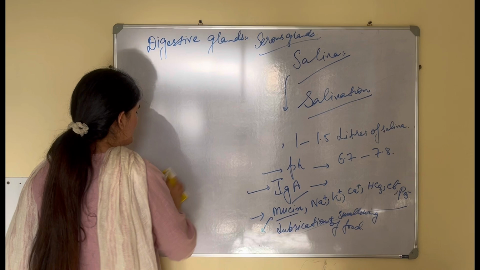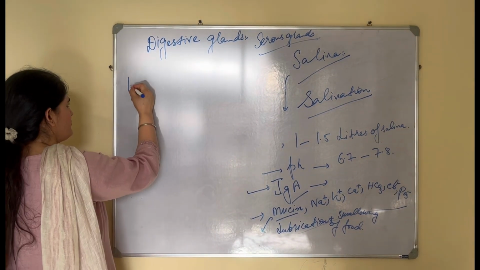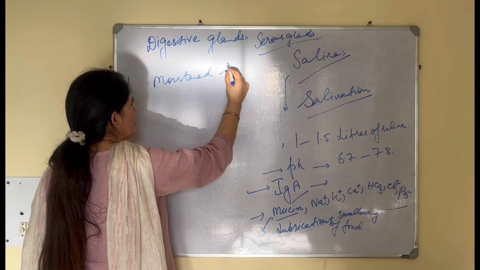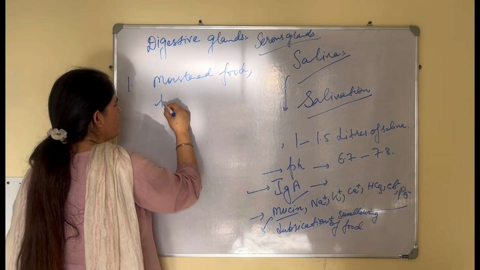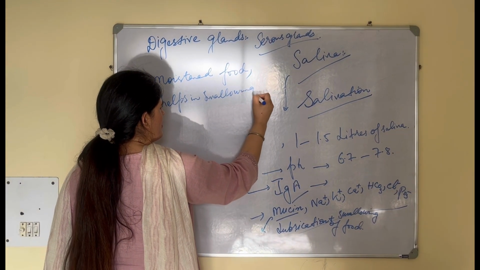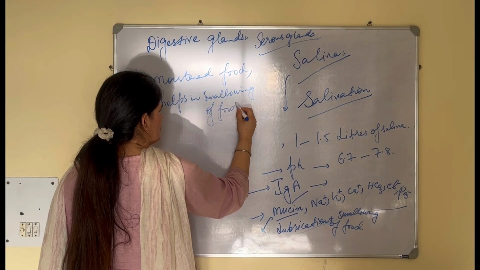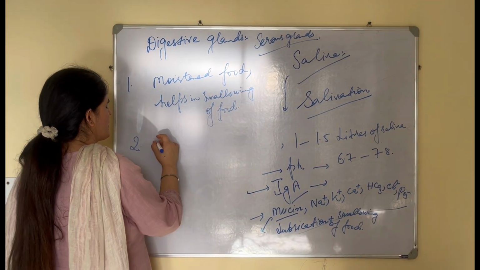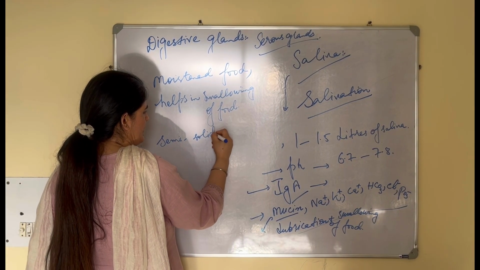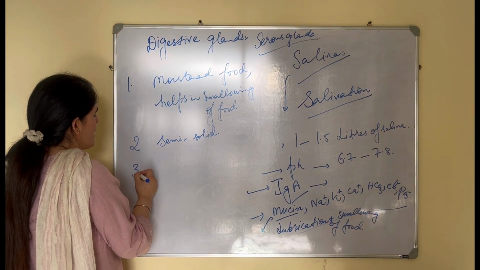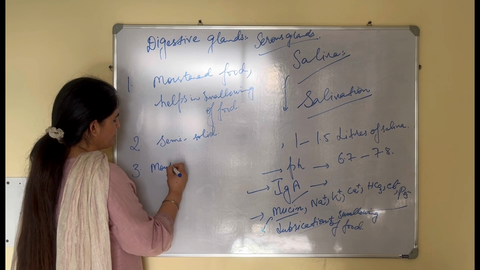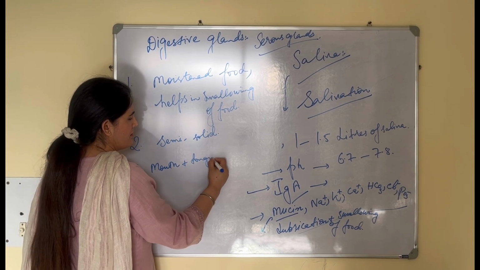Now what are the functions of saliva? Number one, it moistens the food. It helps in swallowing of food. It helps in making food semi-solid, and it keeps our mouth and tongue clean.